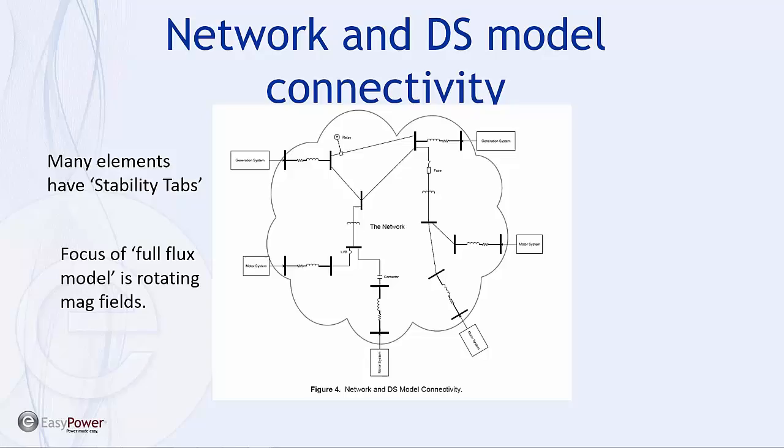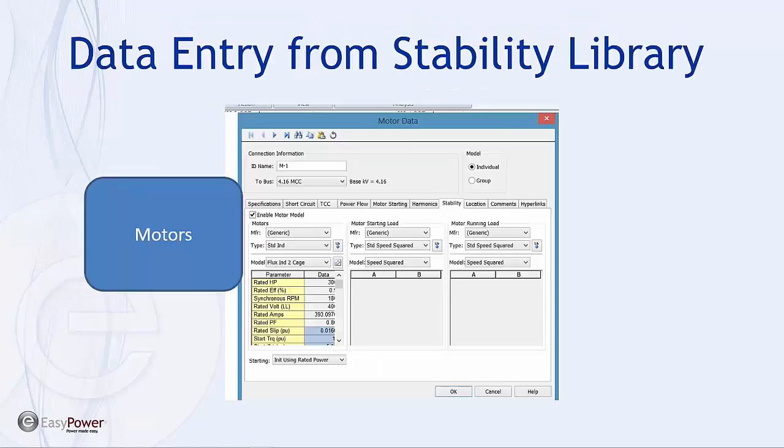Obviously the more data we have on the system, the more accurate we can make our resulting solution. The way the data entry works is if we have the specific data sheets on, let's say, a motor, then we have access to many of the parameters required for the full flux model. If we don't, the tool includes a library.